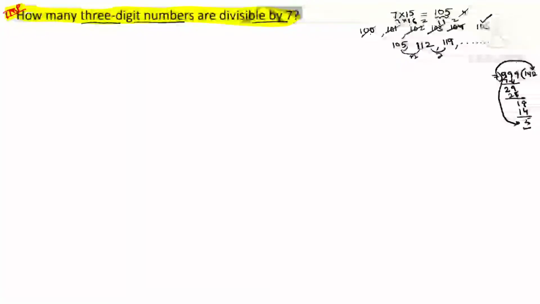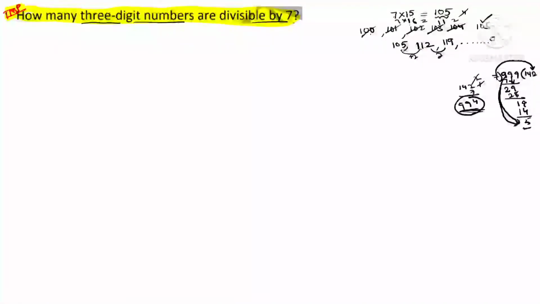Otherwise, 7 into 142: 7 2s are 14, 7 4s are 28, plus 1 is 29, so 994. In this way also we get 994.